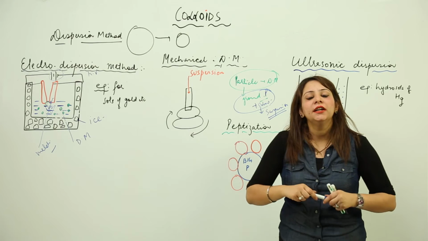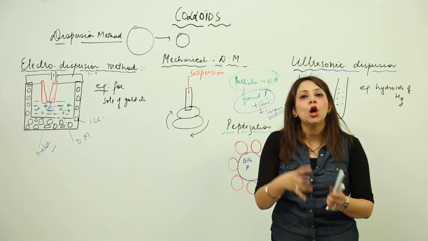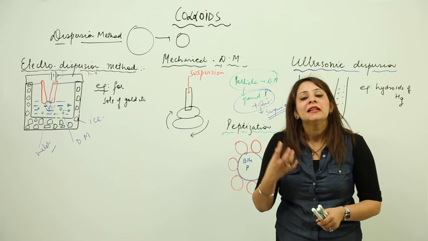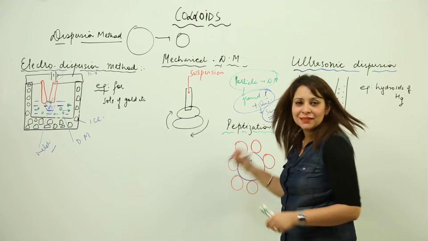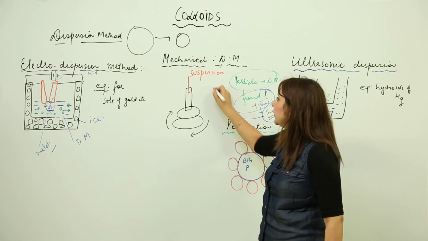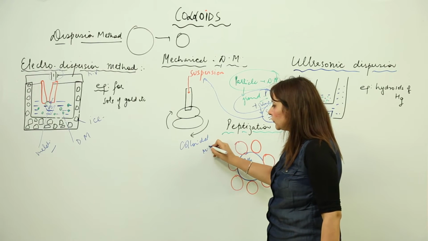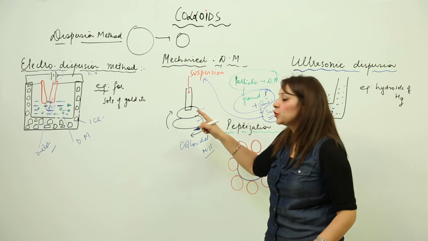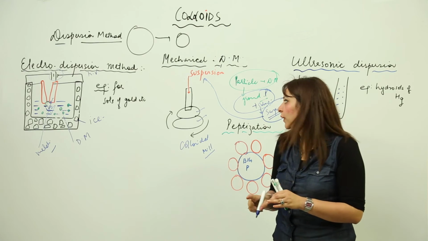Suspension means a liquid along with particles which are not in the range of 1 nanometer to 1000 nanometer, they are somewhat big in size. That is, they form a suspension. As soon as this suspension is formed, we put it into a colloidal mill. This is my colloidal mill. It has two discs, of which one can rotate in a clockwise direction and the other in an anti-clockwise direction.